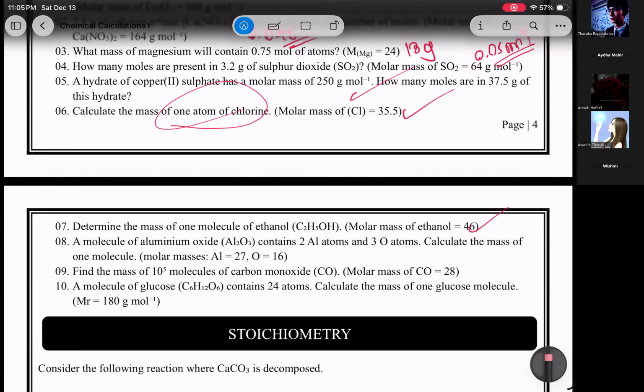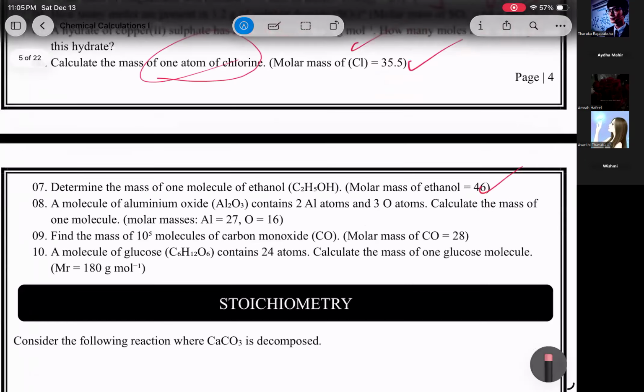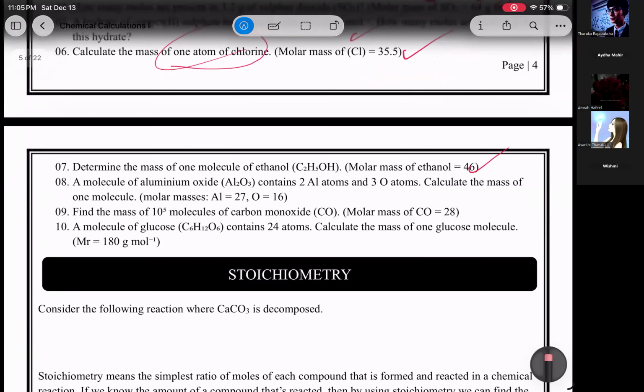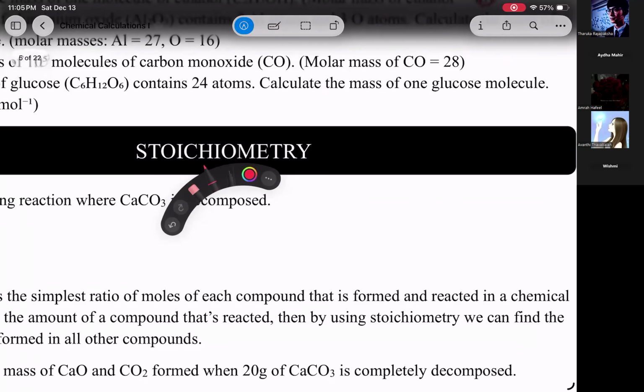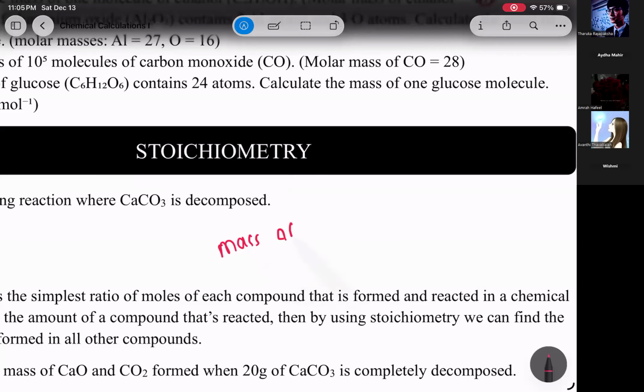Okay, now we have a molecule of aluminium oxide that contains two aluminium atoms and three oxygen atoms. Calculate the mass of one molecule. Before finding the mass of one molecule, people, we have to calculate the mass of one mole, that is the molar mass.